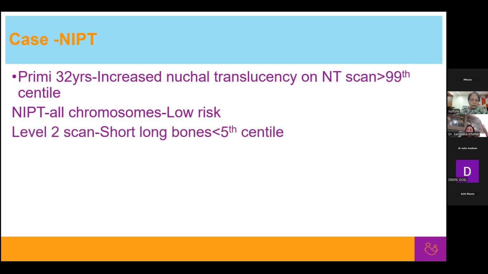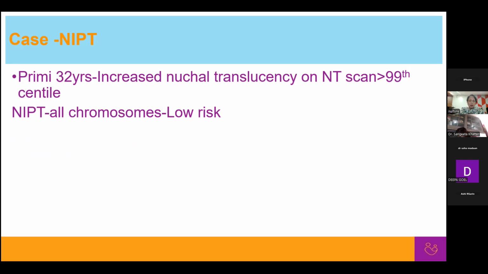Just a minute, Sangeeta, I would like to interrupt. You will do the dual test or NIPT? I will not do NIPT, ma'am, because NT more than the 99th centile warrants something confirmatory like CVS or amniocentesis. Should the dual test be done?